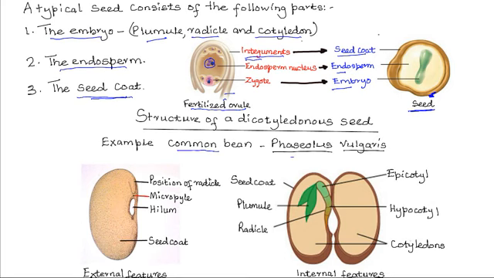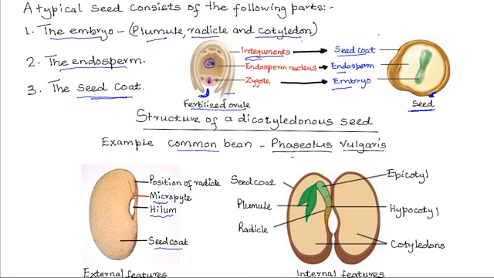External features include, you can see the seed coat, that is the outermost covering, the hilum, the point of attachment to the funicle, and then the micropyle, the tiny pore, which marks the entrance to the ovule. This is the micropyle here. So as the seed develops, the hole remains, and it plays a very important role in germination.